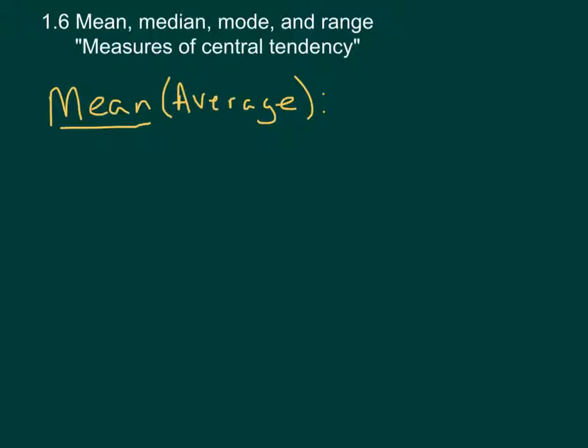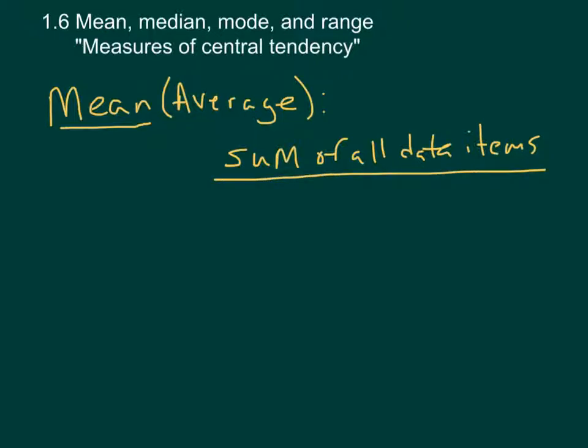Now, a definition of the mean is probably better given by a quick example, and that is the sum of all data items divided by the total number of items.